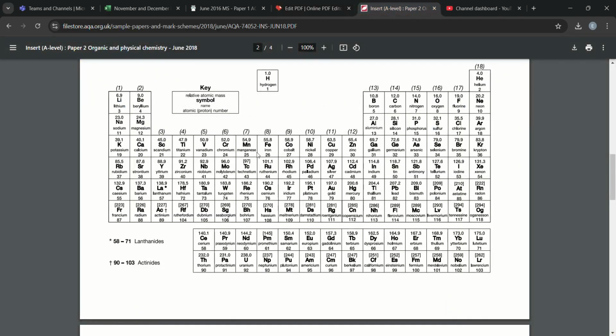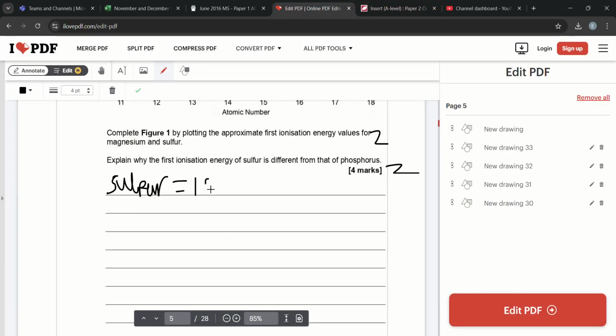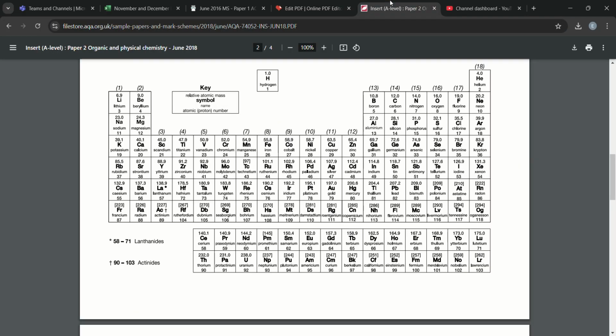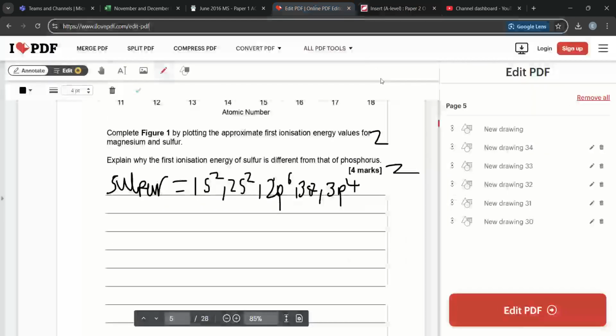If you look at sulfur, it has 16 electrons, so it's going to be 1s2, 2s2, 2p6, 3s2, and 16 minus 12 leaves 4, so 3p4. Phosphorus, on the other hand, has 15 electrons.